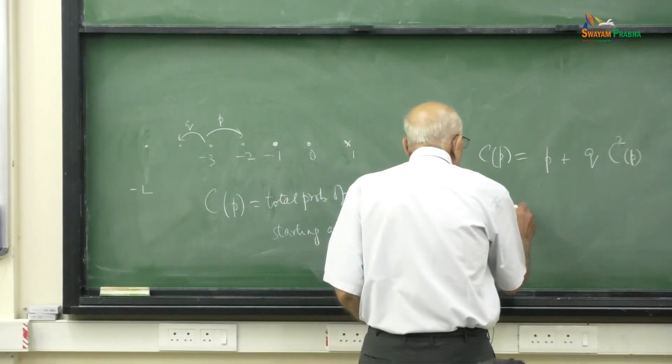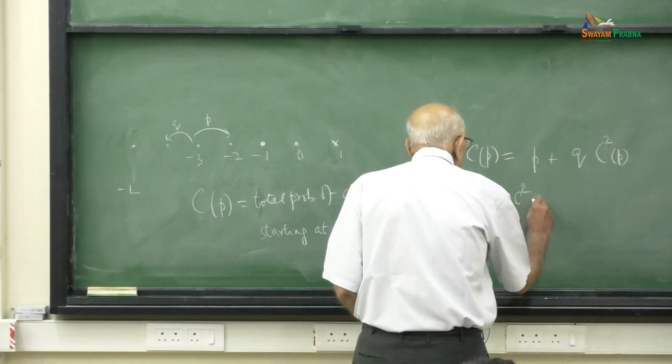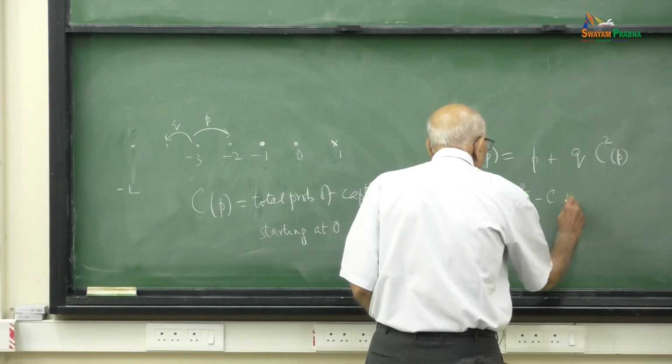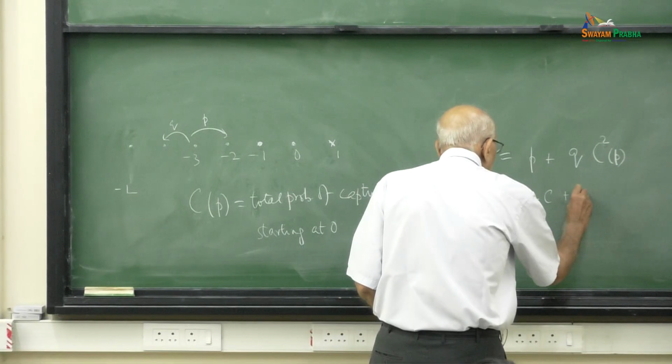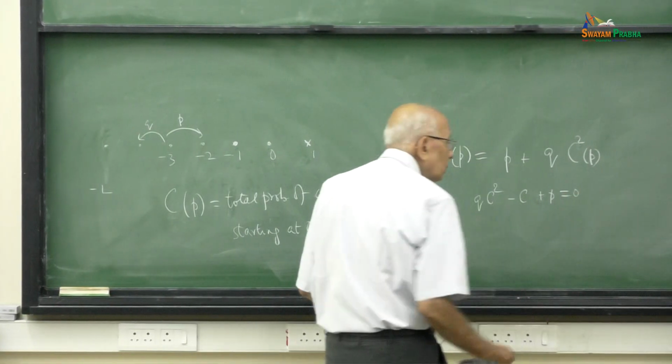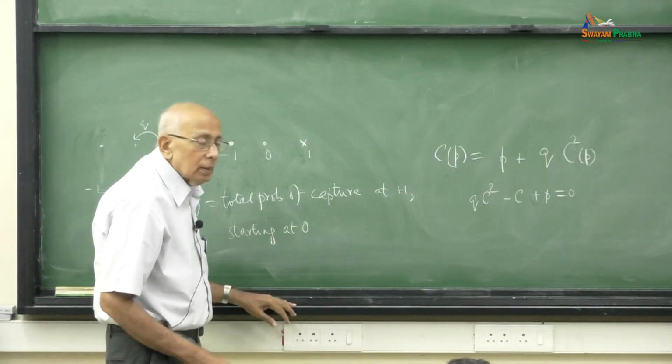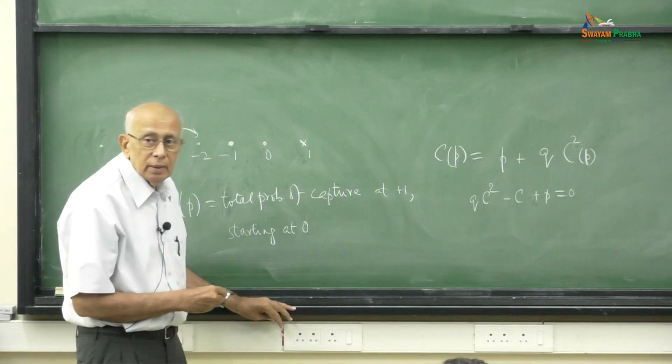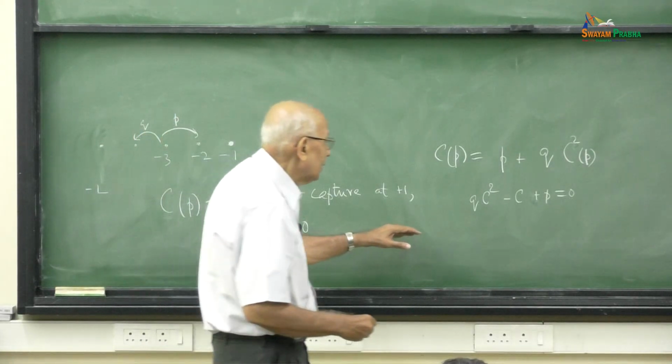So you have Q C squared minus C plus P equal to 0. That's a quadratic equation that even I can solve. It's very easy.